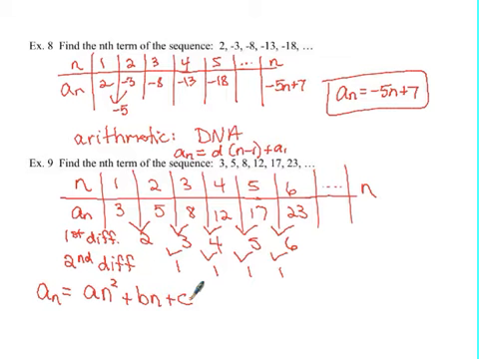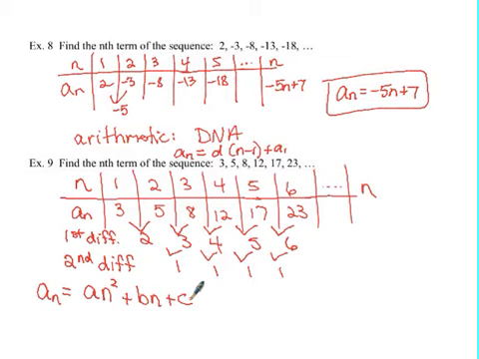Okay? If you get to a second difference, it means it's quadratic. And we know the general quadratic equation. We're just using n instead of x. Well, how do you solve a quadratic equation?